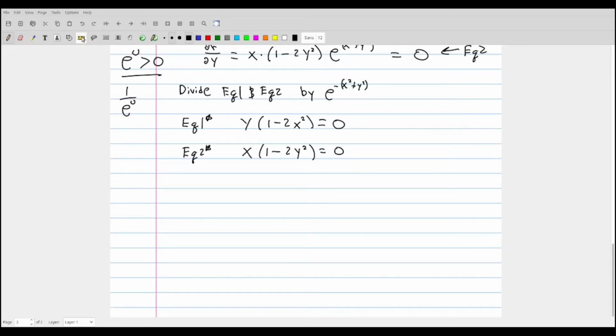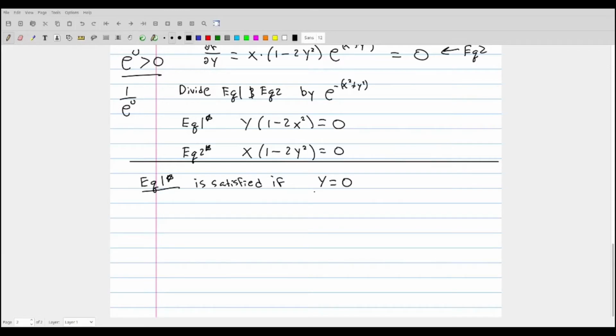So for equation 1 star, this is satisfied if one of two things is true. If y is equal to 0, or if 1 minus 2x squared is equal to 0.